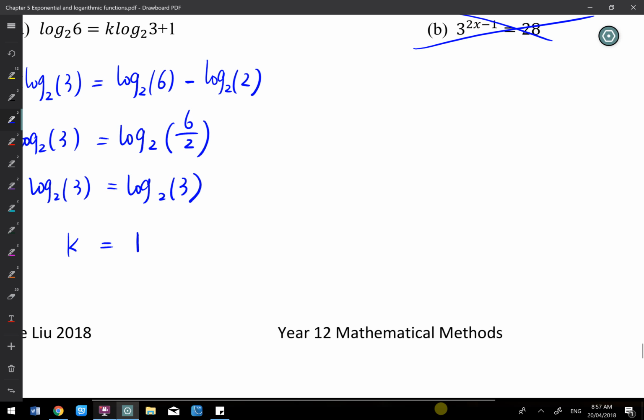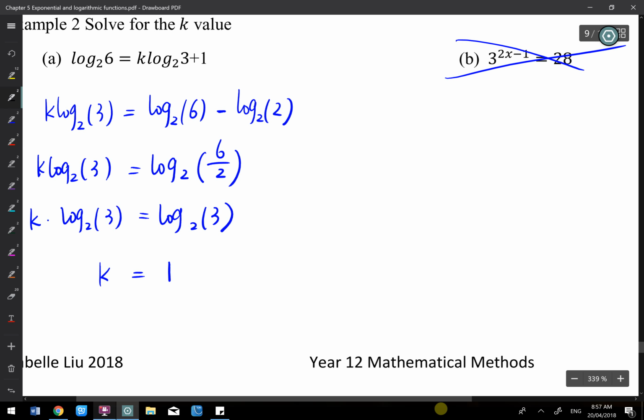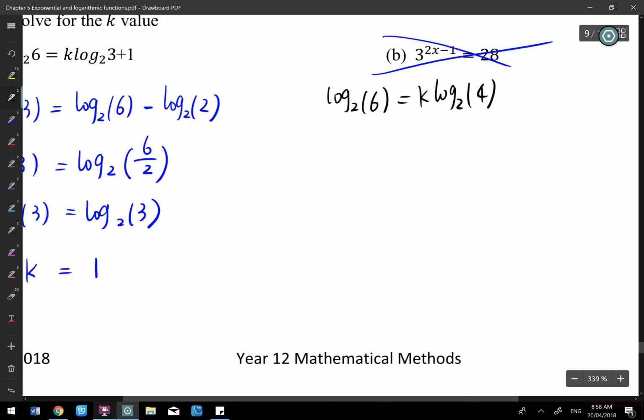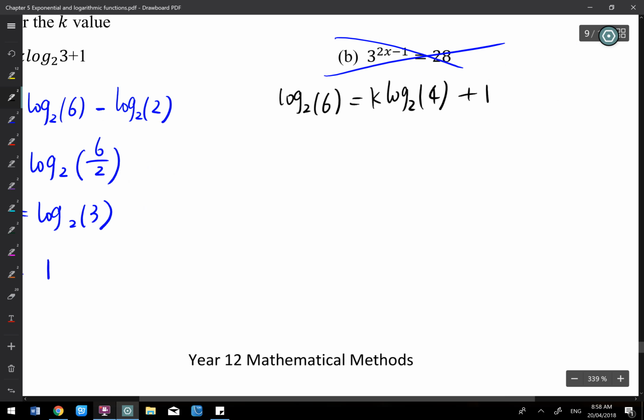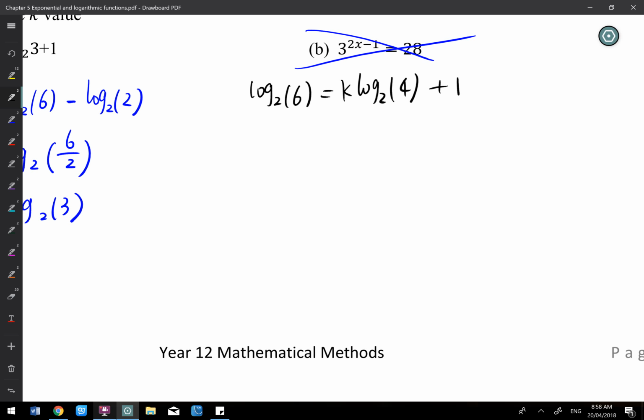If I change the question a little bit, we can still keep the same method. Log 2 6 equals k log 2 4 plus 1. I just changed the log 2 3 into log 2 4. Let's see what we can do.